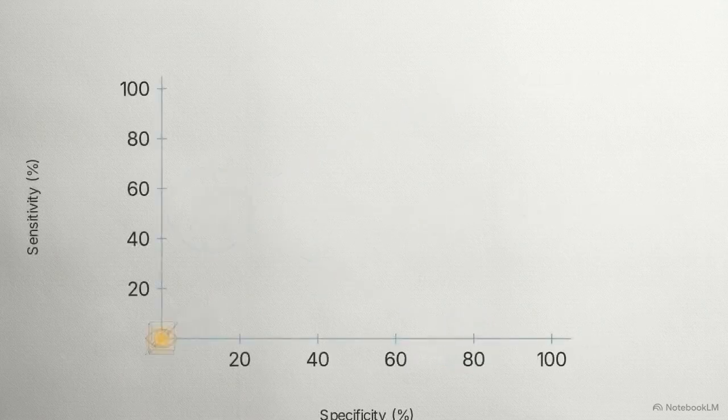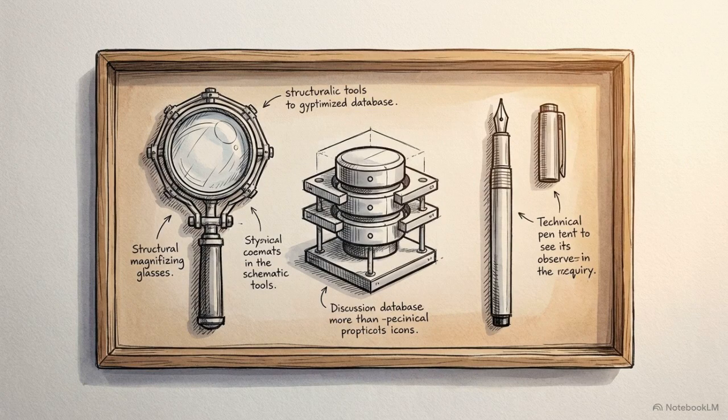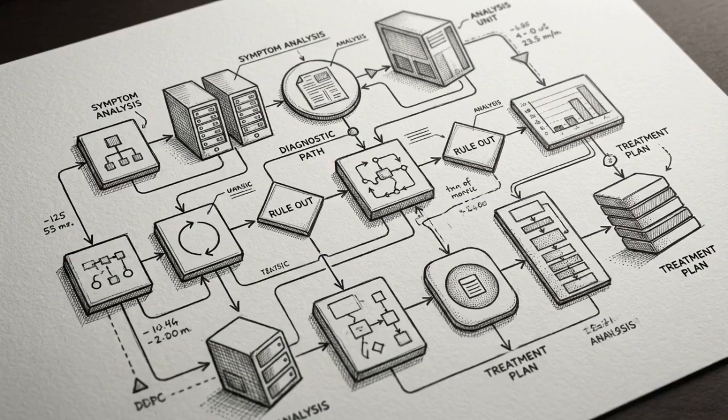On the scatter plot, Rad.1 shows a significant jump in performance, balancing 66% sensitivity with 94.6% specificity. This architecture succeeds by leveraging dedicated classification tools for specific tasks, rather than relying on the generalized logic of a single network. Breaking the diagnostic process into coordinated subtasks provides a viable path for automated radiograph interpretation.